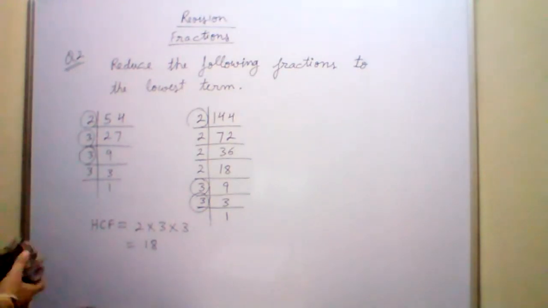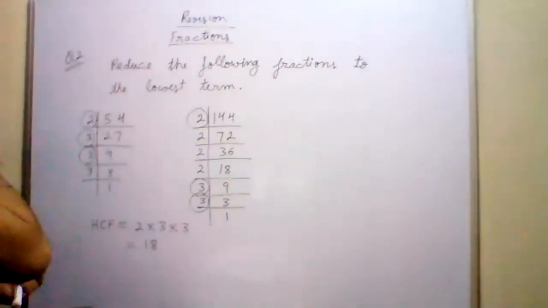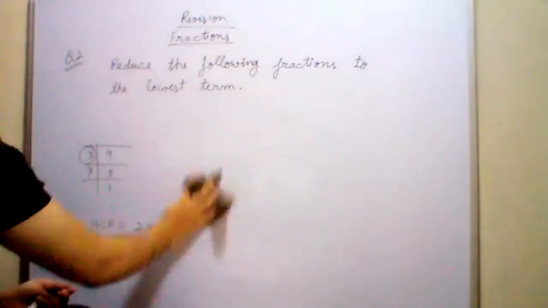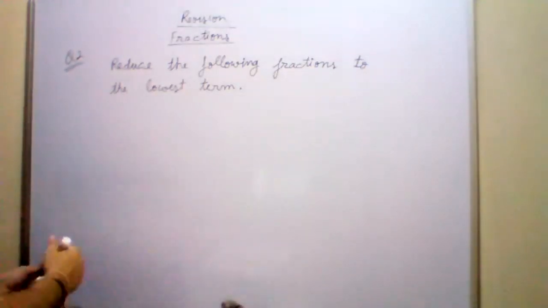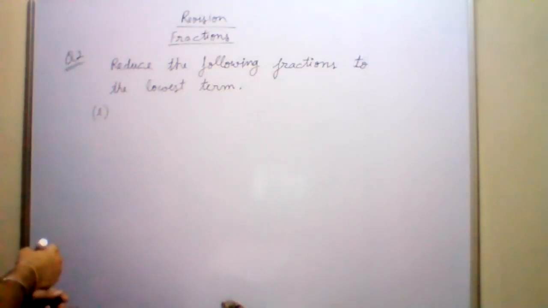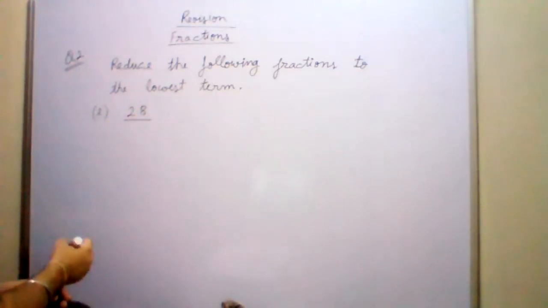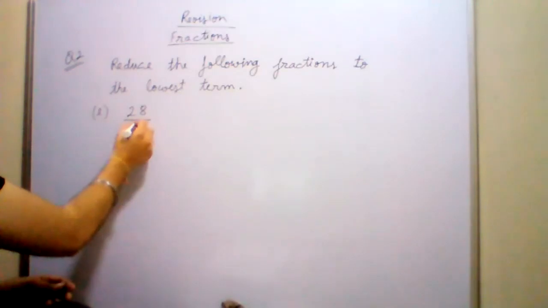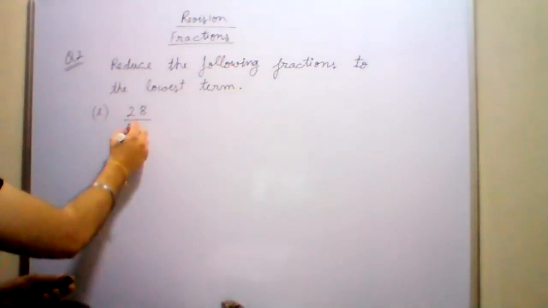So I am adding one more part of this question. Let us see if you all can do it or not. Part number E in the same question: 28 upon 98.